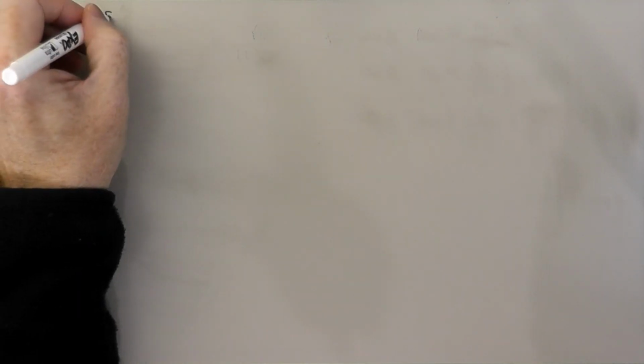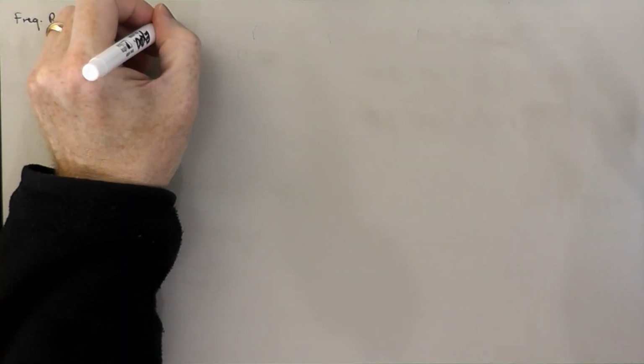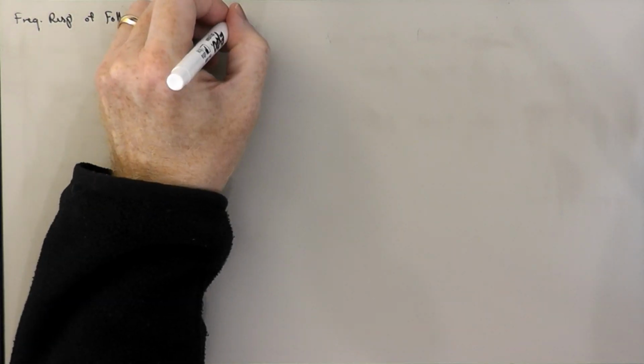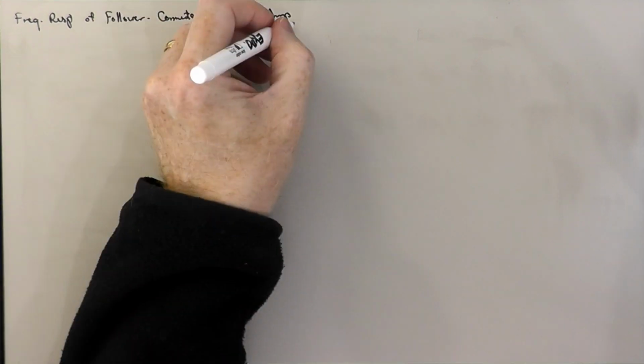And so we're going to look at the frequency response of a follower connected current mirror diff amp. And we're going to use node fixing for this again.